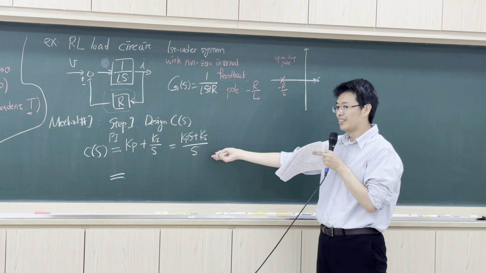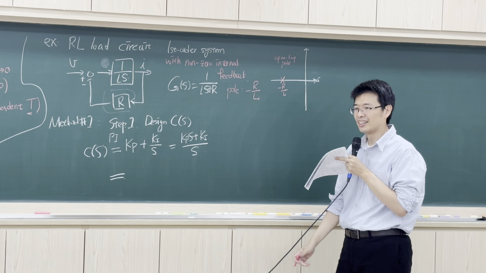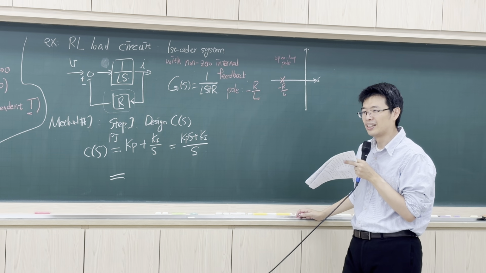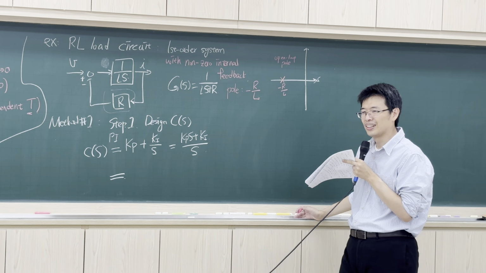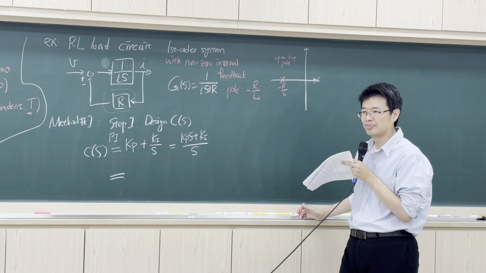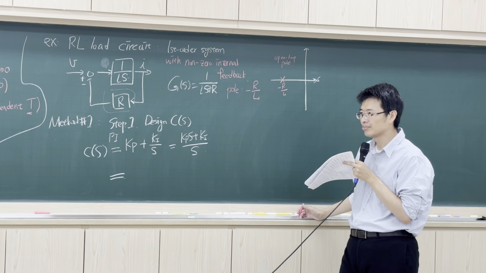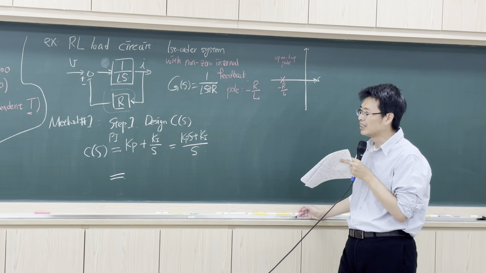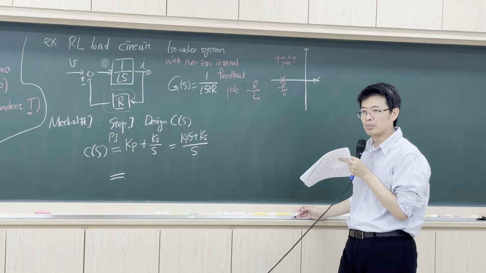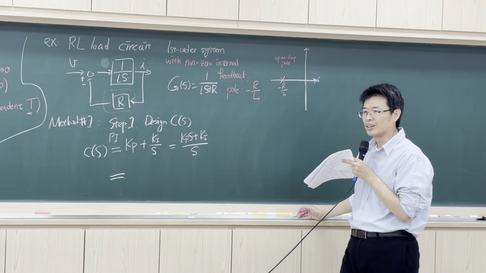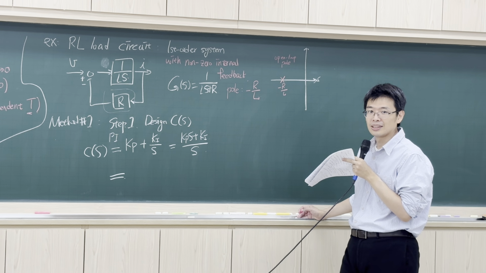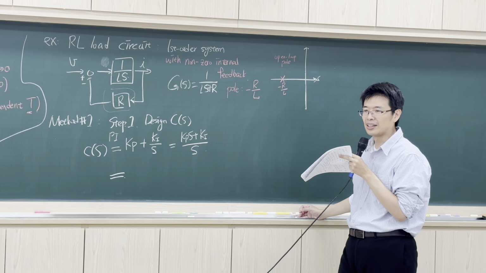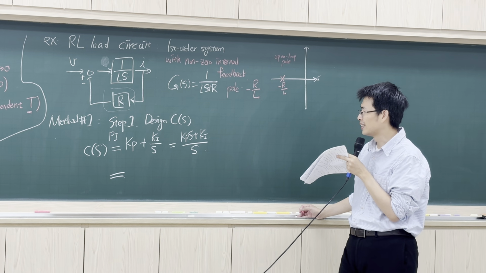Okay, so how to decide this PI controller? How to decide this PI controller for transient application? For a major of mechanical system, we don't like the oscillation. So I suggest you decide this as an overdamped system.